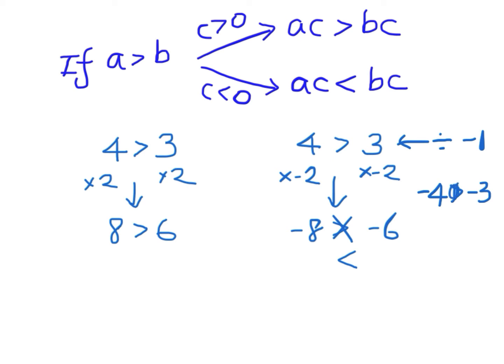Therefore, again, we have to cross this out. And since we divide both sides by minus 1, we have to change the direction of the inequality sign here. So we have a very important conclusion here. If we multiply both sides by a negative value, then we always have to change the direction of the inequality sign.